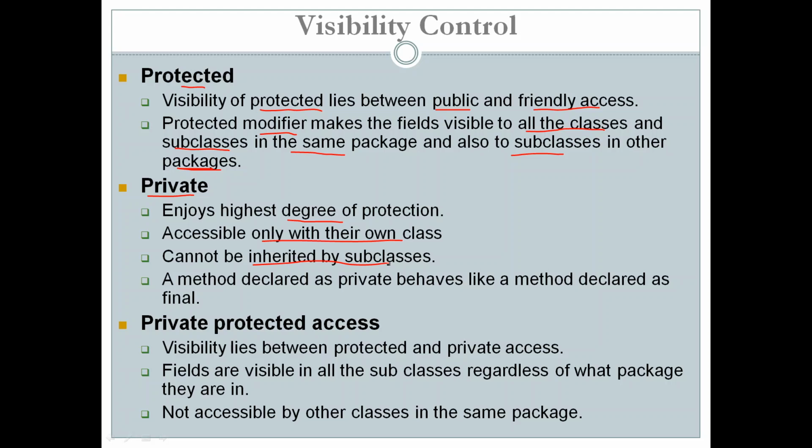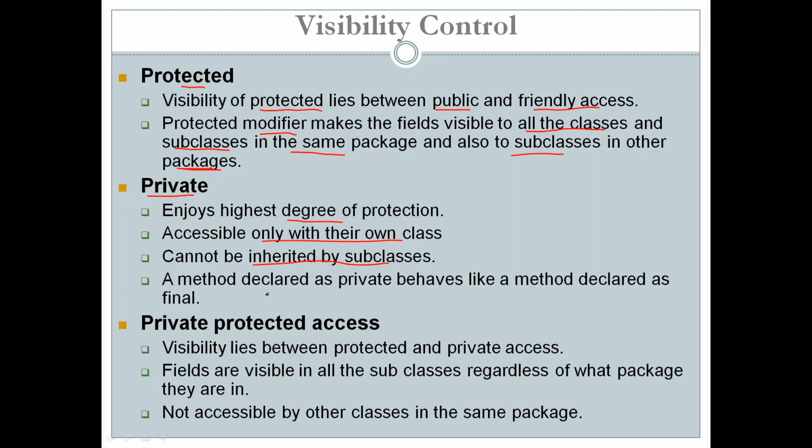As we know, when we inherit one class, all the members of that class are available in the subclass. But if the members are declared as private, the private members are not available in the subclass, remember. All other members can be inherited in the subclasses, but private members are not inherited.